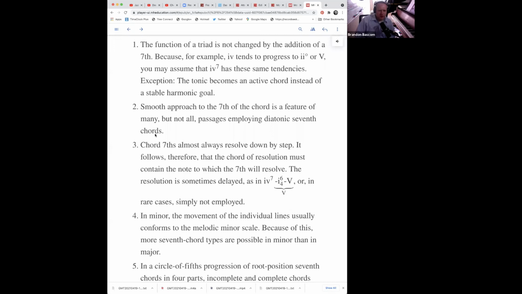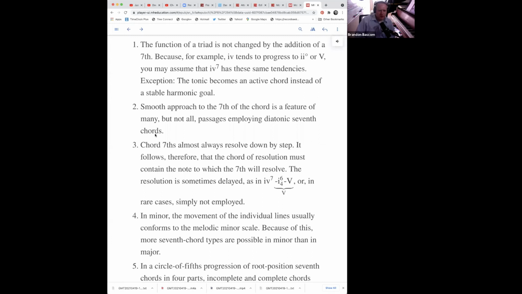What's the 3 in our key right now? If we're in F minor, what's our 3? A. It's A flat. Good. What's 6? D flat.